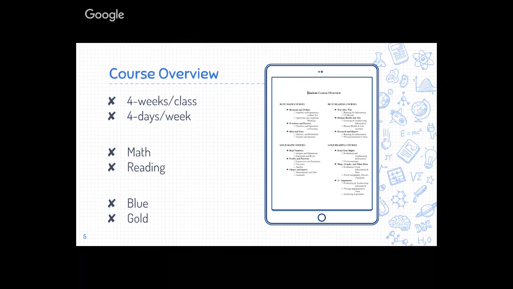And so just some basics. Our courses run in 4-week cycles, and we run 4 days a week. So Monday through Thursday, we do an hour and a half of math and then an hour and a half of their reading class. So 3 hours a day, 12 hours a week. We've cut down to where we're just focusing on math and reading.